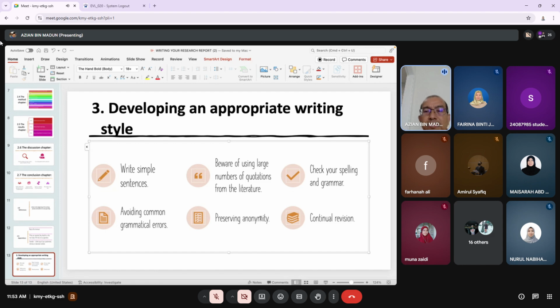Preserve anonymity, meaning to say this is ethics, your ethical guidance. What else? Grammar. Continual revision. Revision means just because you have finished your article or study doesn't mean you stop. You can always come back and improve it. That's what we mean by continual revision, you improve further and further.